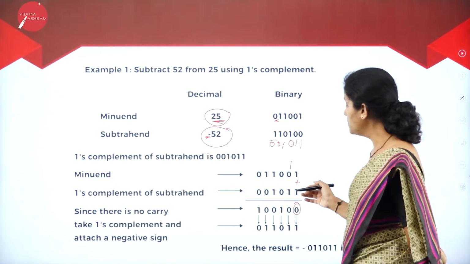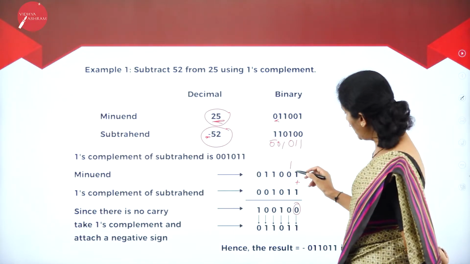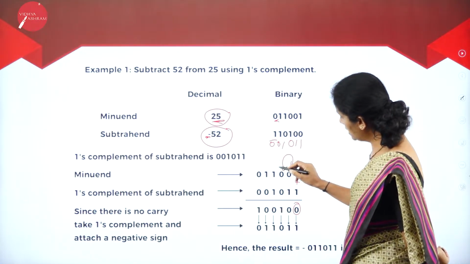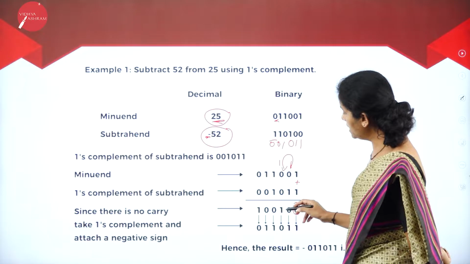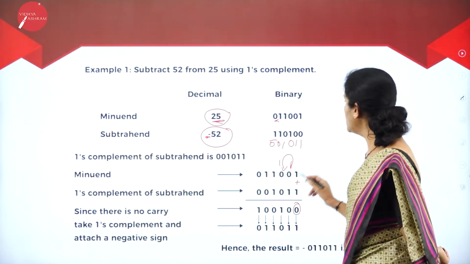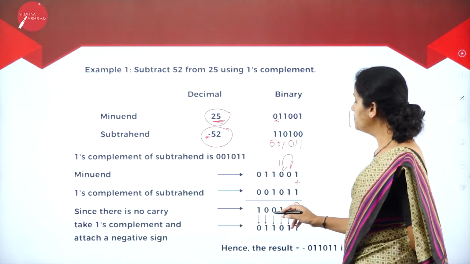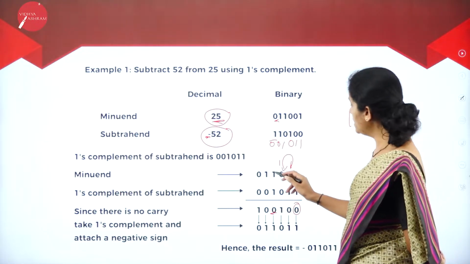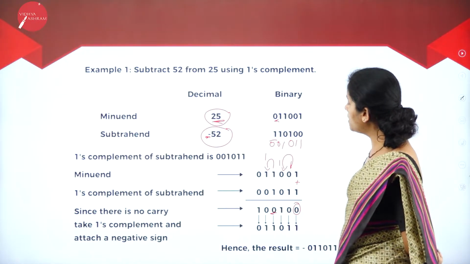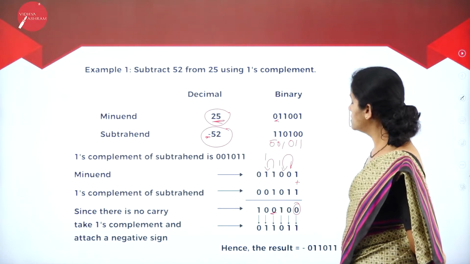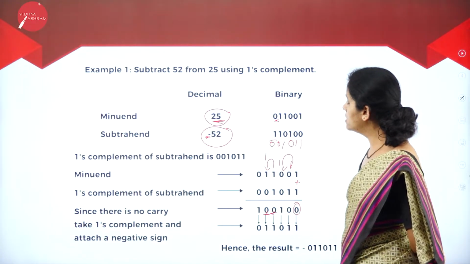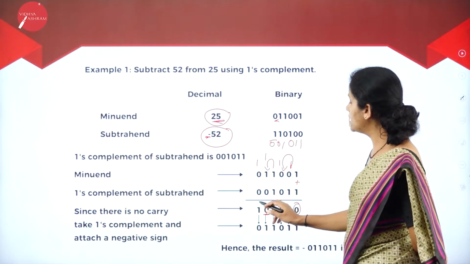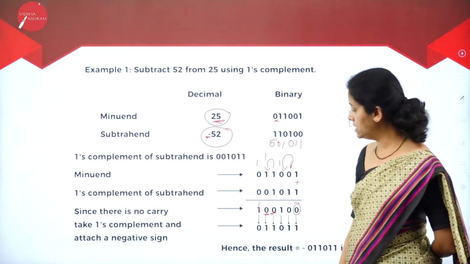So I'll write the sum 0 and 1 is carry. So 0 plus 1, it is 1. 1 plus 1, 1, 0. So I'll write the sum 0 and 1 carry. Now 1 plus 1, it is 1, 0. So I'll write the 0 and 1 is carry. Now I'll write the 1 as it is.